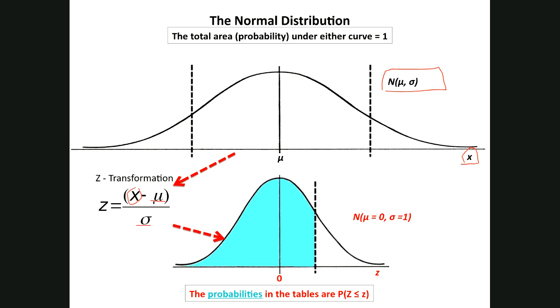We calculate a value of z, and that converts this distribution into a standard normal distribution with mean of 0 and standard deviation of 1.